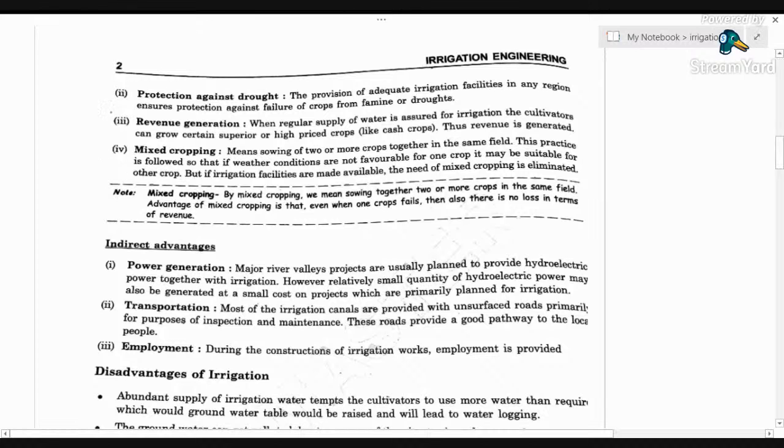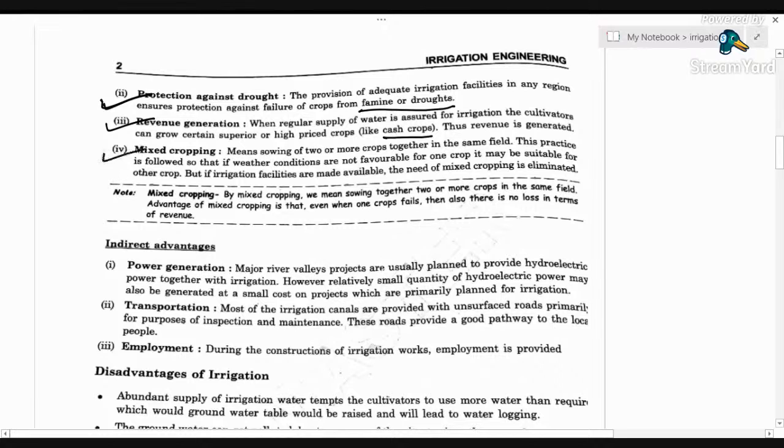So that is also the second thing, protection against drought and famine condition. Third is revenue generation. Revenue generation means suppose you are sowing any cash crop. Cash crop means from which we can generate some revenue. Okay. For that also we require some irrigation by designing any canal, by designing any storage work.